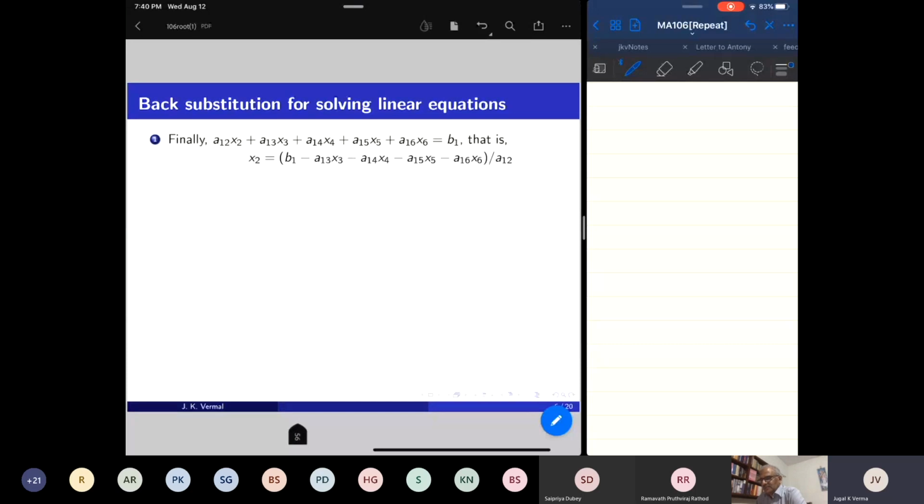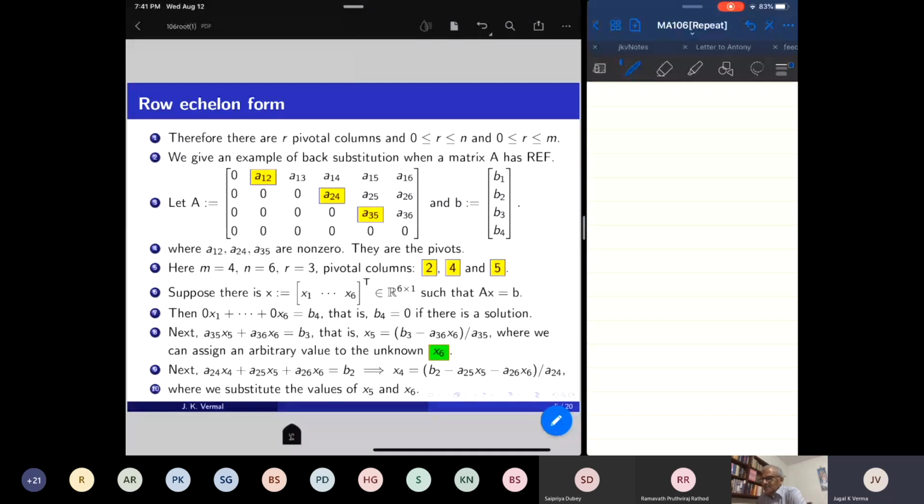The second column was a pivotal column and A12 is non-zero, and therefore I can write x2 in terms of x3, x4, x5, x6 and substitute these values. Here x5 and x6 were already determined, x4 was determined, but x3 we did not determine, because x3 corresponds to a non-pivotal column.